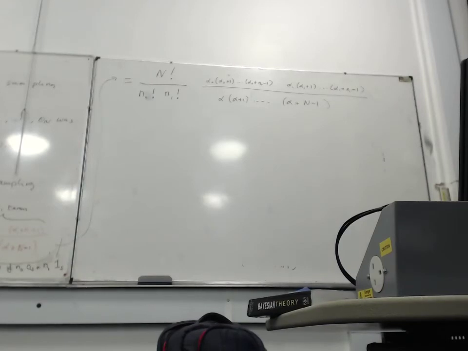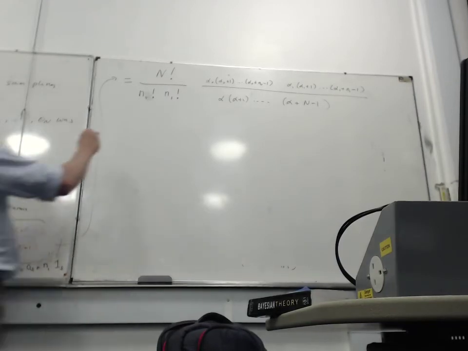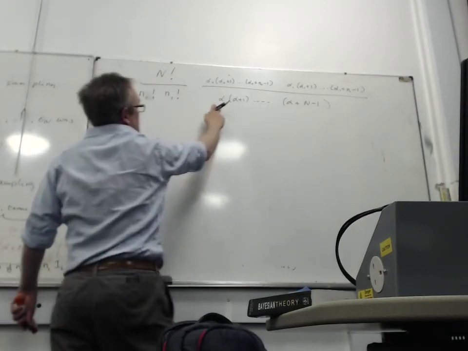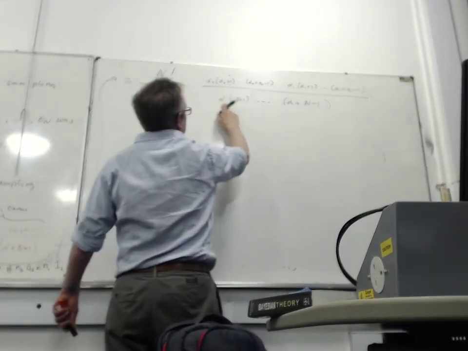We need a 1 over n in that, for a reason we're going to discover in a moment. But n factorial, that's a bit like this. This is like a factorial thing.